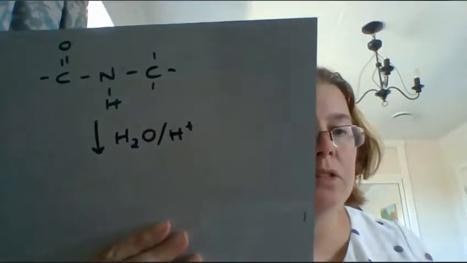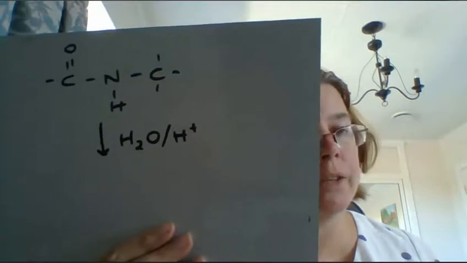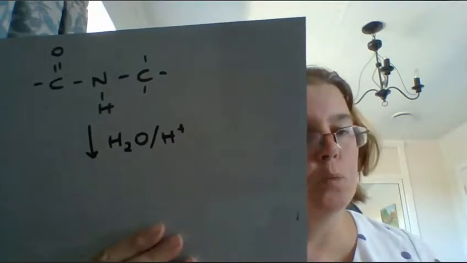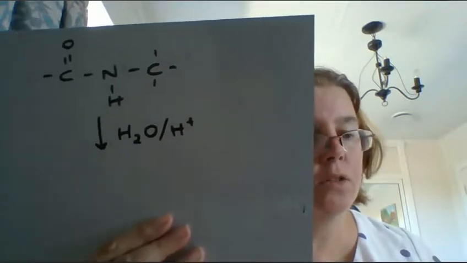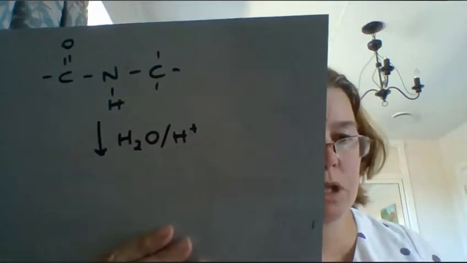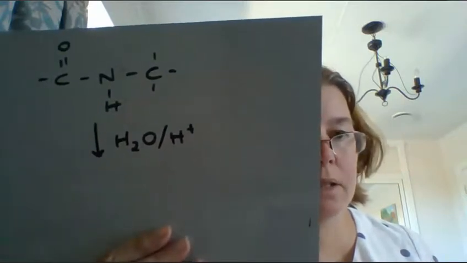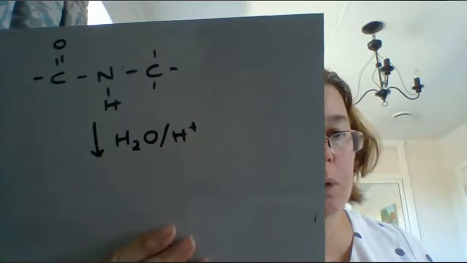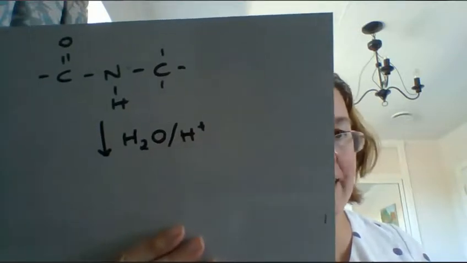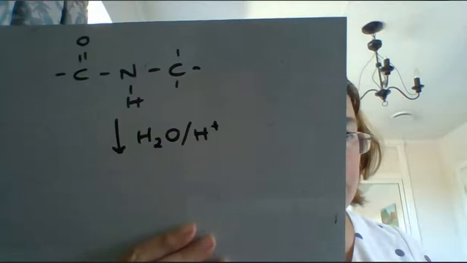I'm showing you this example using a generic secondary amide because that's what you're more likely to see. So the first thing that you're going to do, exactly like you would with an ester, is you're going to split the molecule and add H or OH. So where do you split it?